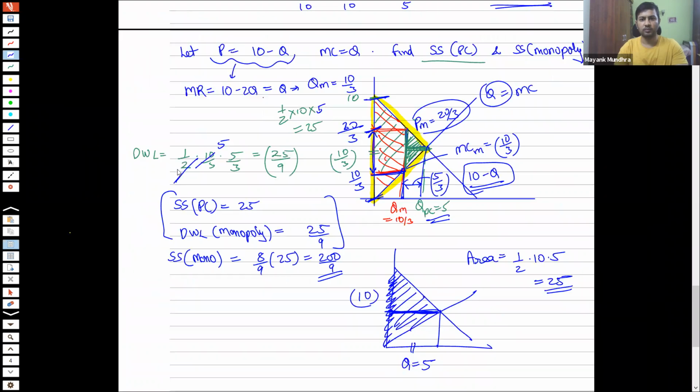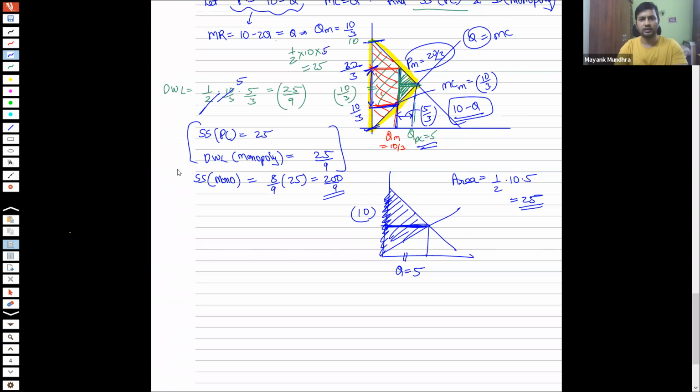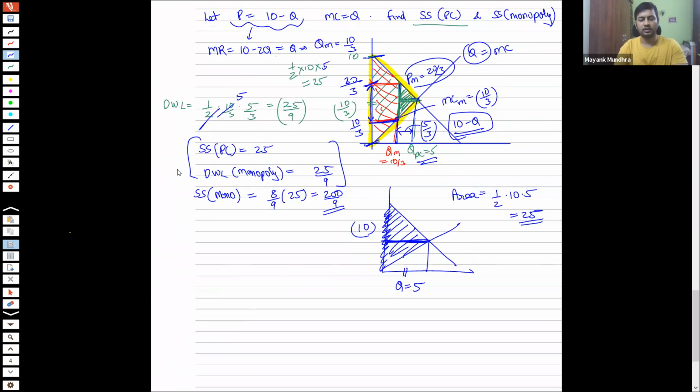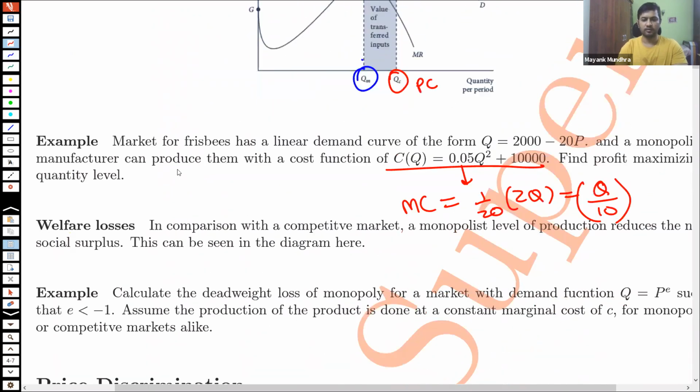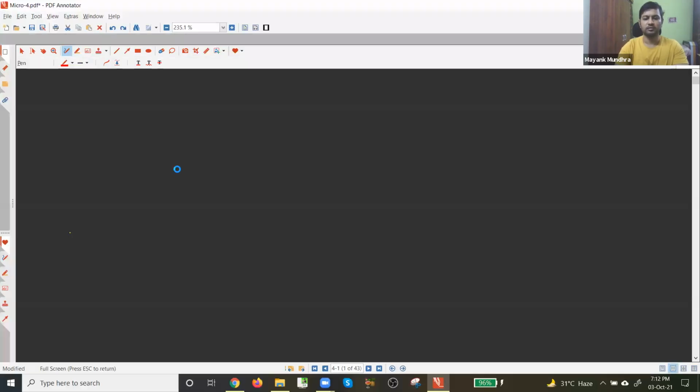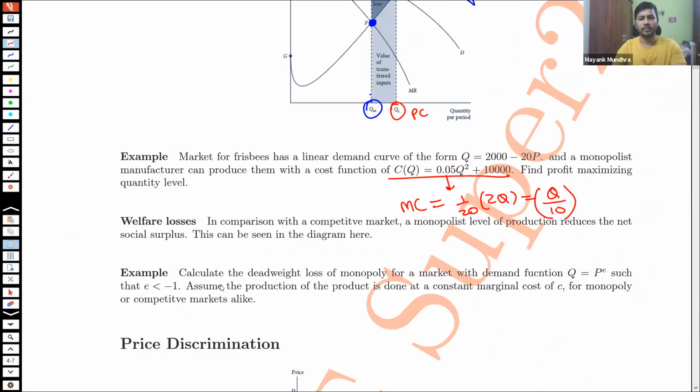So let me open this solution for you so you can refer to it, and then your job is to find the welfare for this case.